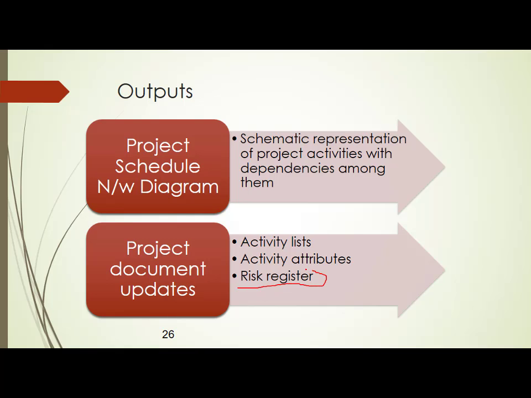We will talk about this when we work on risk management. All these documents will be updated. So this is how we do these two important processes, called define activities and sequence activities.